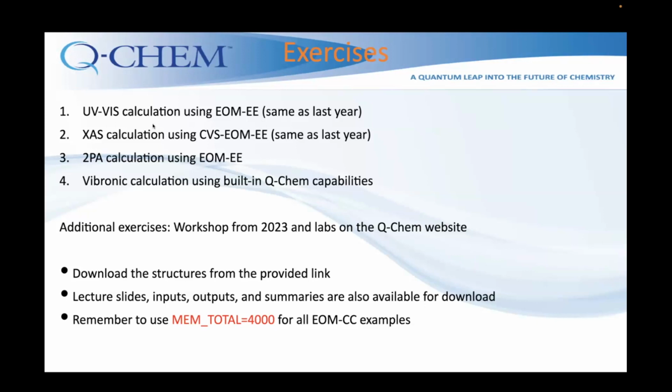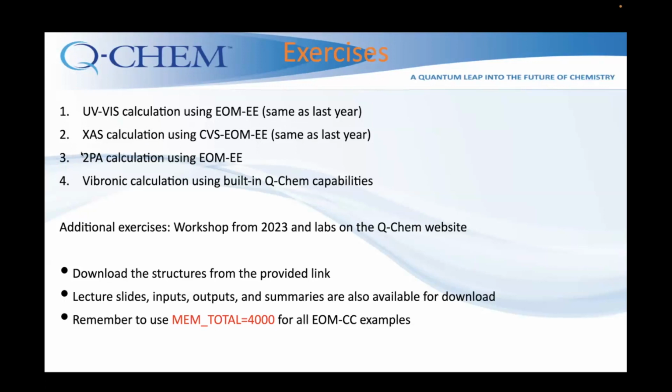So the first 2 exercises are actually the same as we gave last year. So if you are a returning participant, you have already done them, and they are related to calculating excited states like in UV spectroscopy, or core excited or core ionized states like in X-ray absorption spectroscopy. So 2 new exercises.